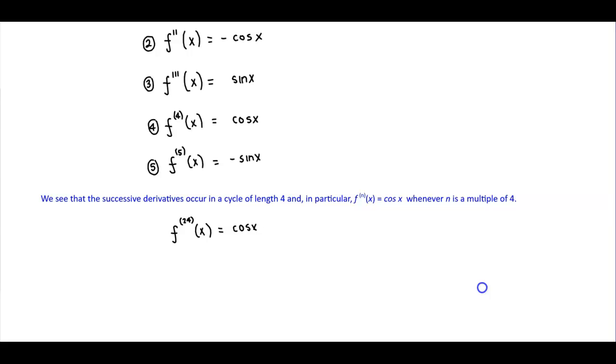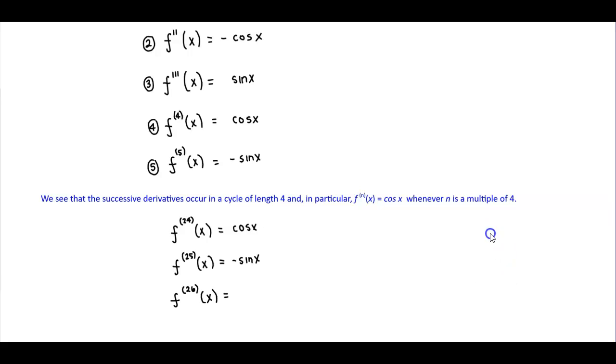Okay, so if we differentiate again, so if we find the 25th derivative of x, then what do we know? It's going to give us negative sine of x. And then what is the 26th derivative of x?